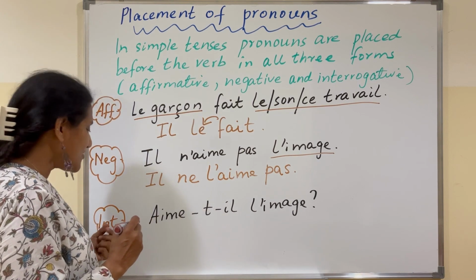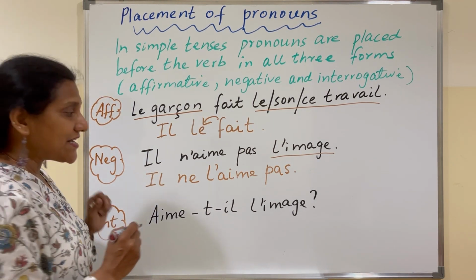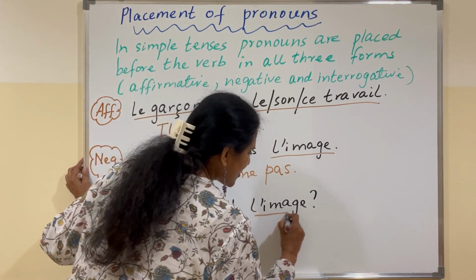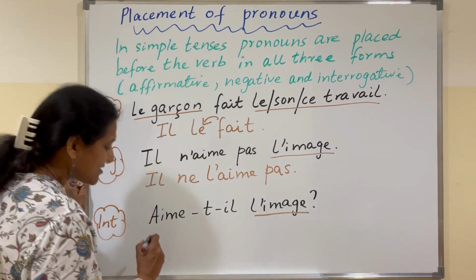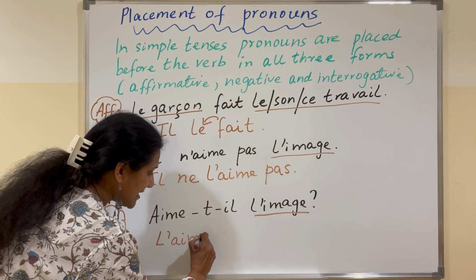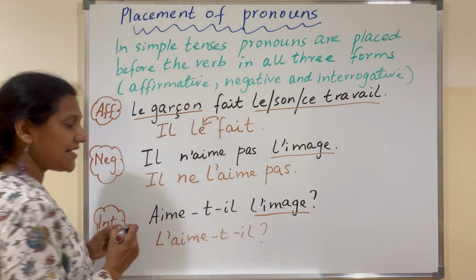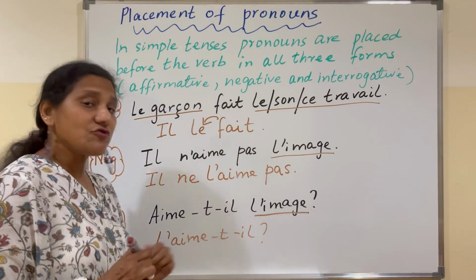Now, let's see the case with an interrogative sentence. Aime-t-il l'image? Even here, l'image has to be replaced and we have to place it before the verb even in an interrogative sentence. L'aime-t-il is how we have to write it.